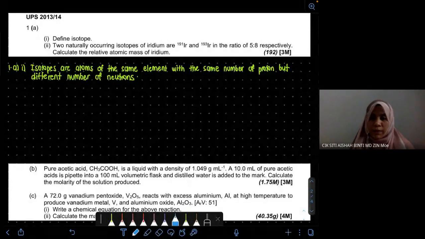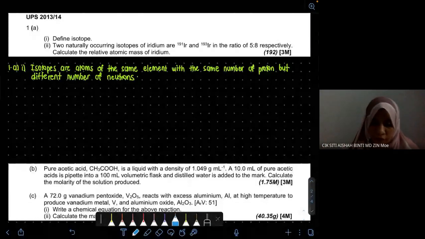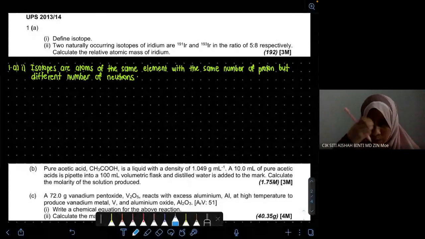This question is different from the previous one, which only asked for average atomic mass. This one asks for relative atomic mass, so there are 2 steps. First we do the sum of mass times abundance divided by the sum of abundance. Next, the relative atomic mass is found by dividing by 1/12 times the mass of carbon-12.